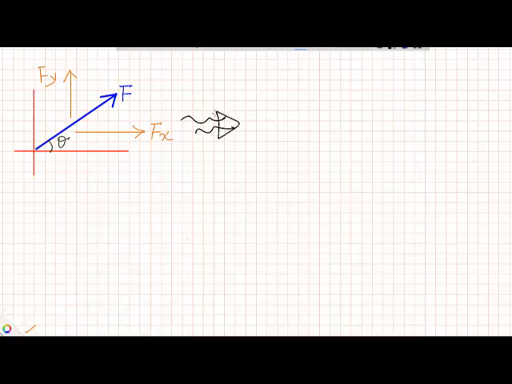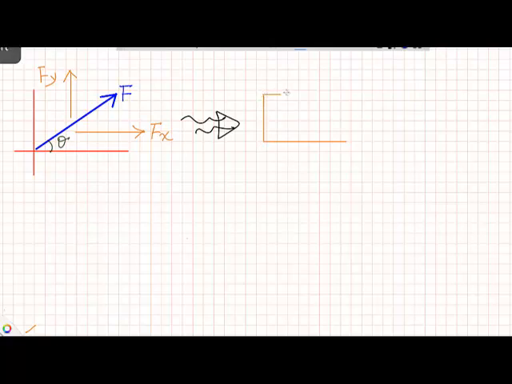So let's go back again to put the forces in their triangular shape. We'll have this is the x component and this is the y component. And let's run the parallel lines to each one of them.